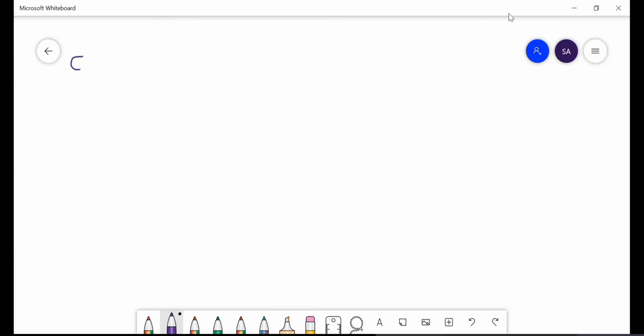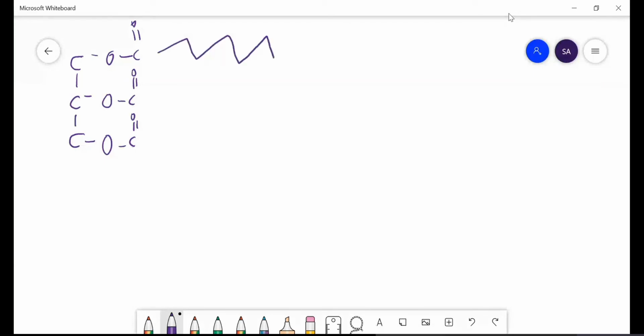Suppose you have an oil. In that oil you have the fatty acid. C double bond O, C double bond O, C double bond O. Okay, and then we have 1, 2, 3, 4, and then there are suppose.